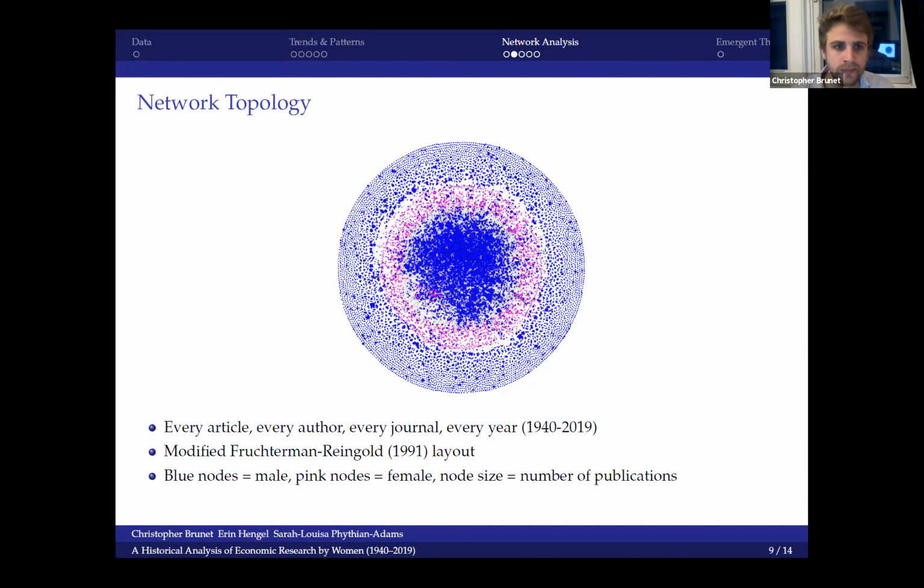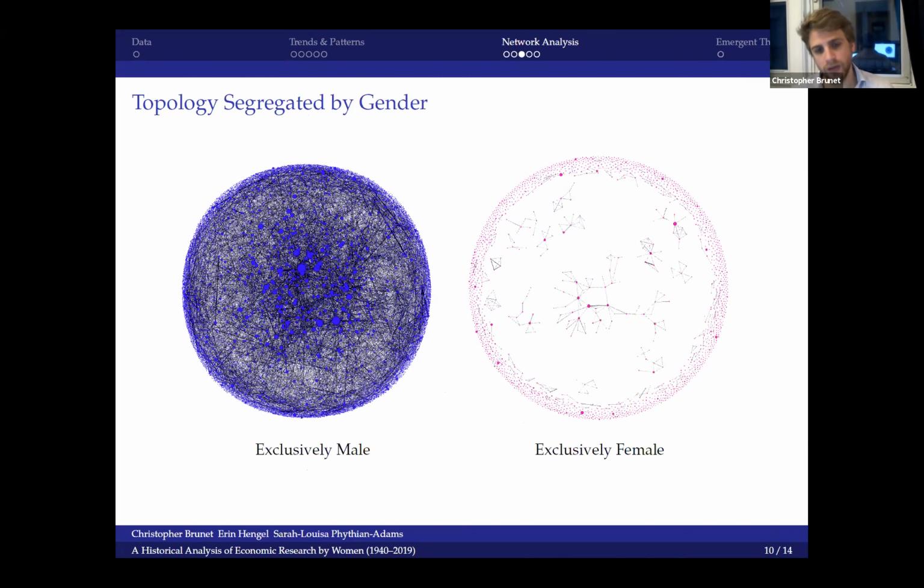If we take this network and segregate it by gender, the one on the left here is exclusively male, obviously, and the one on the right is exclusively female. Once again, these figures kind of speak for themselves. The one on the left is very dense, highly connected, a very developed network. And the one on the right is not.